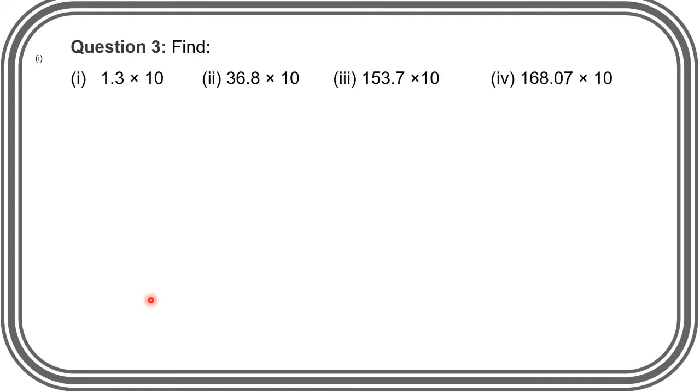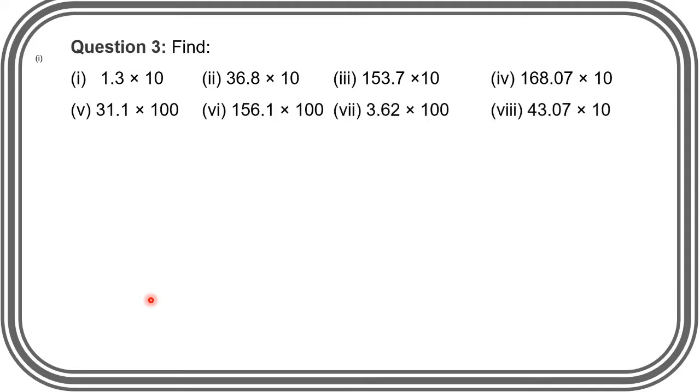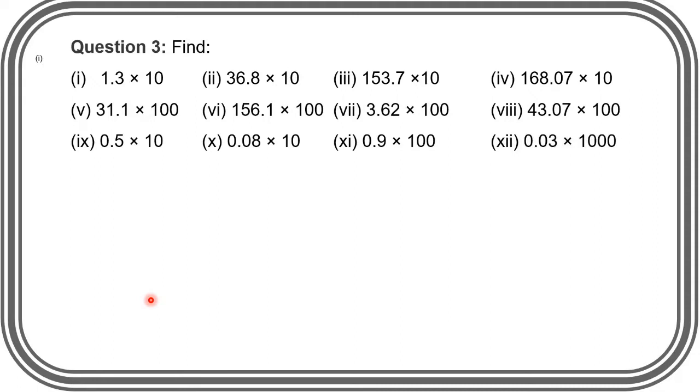Next, question number 3, find. Here we need to multiply 1.3 with 10, 36.8 with 10, 153.7 with 10, 168.07 with 10, 31.1 by 100, 156.1 by 100, 3.62 by 100, 43.07 by 100, 0.5 by 10, 0.08 by 10, 0.9 by 100, 0.03 by 1000.